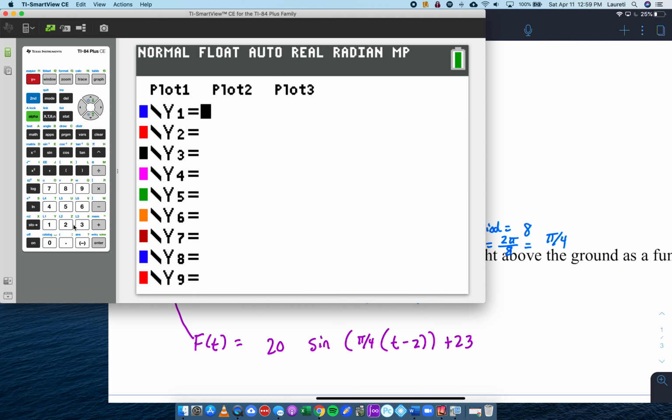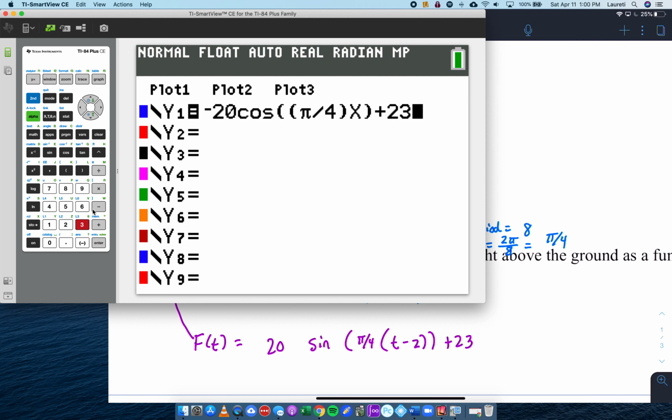So I got negative 20 cosine of pi divided by 4. Now you can just do x, you don't have to do t. Then we're going to close this, and then plus 23.